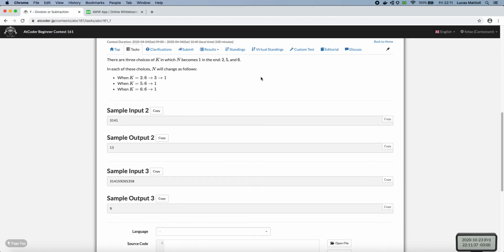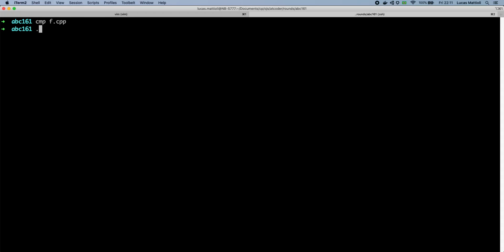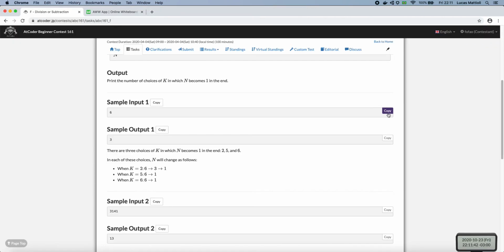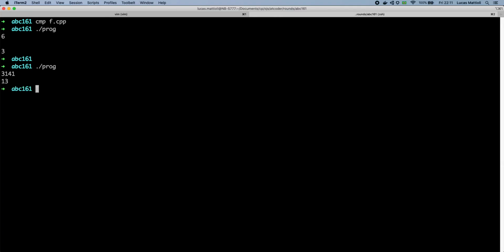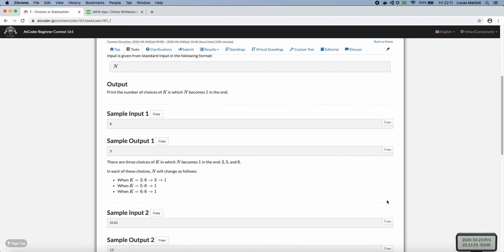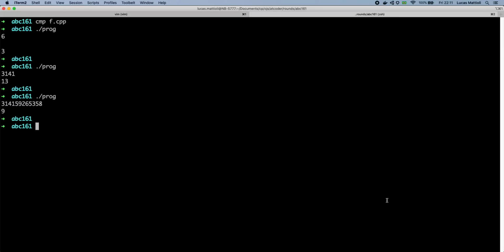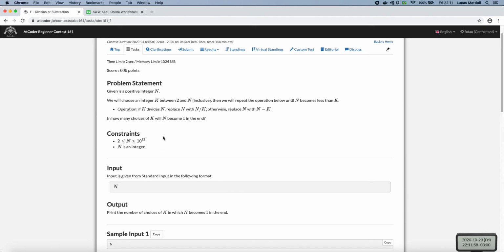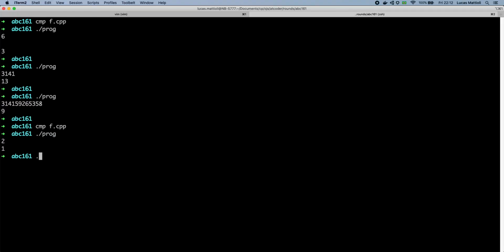So let's check here if everything is okay. I think things are okay. You can try some edge cases, like 2 should give 1, because it will be okay when k is equal to 1. We can also try the largest case to see that we don't have some overflow or something like that.